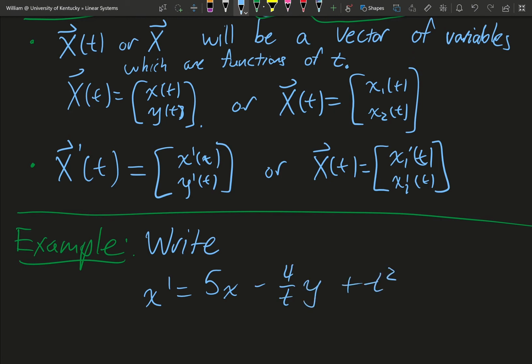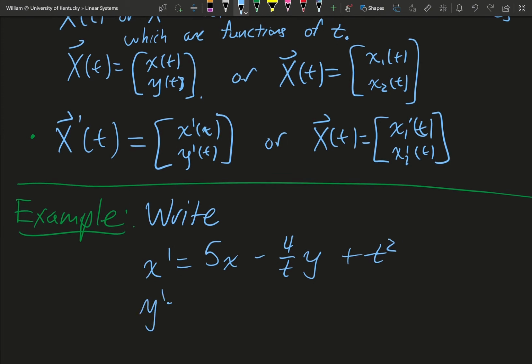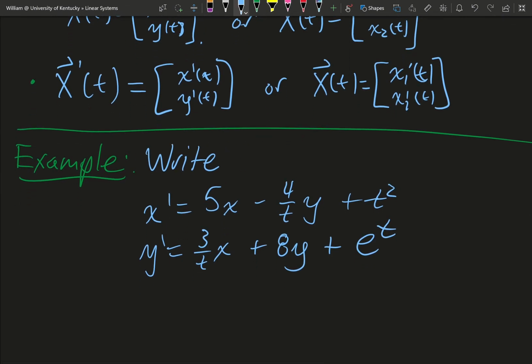So first of all, our coefficients could actually be functions. And we could have things which sort of are unattached to a variable.